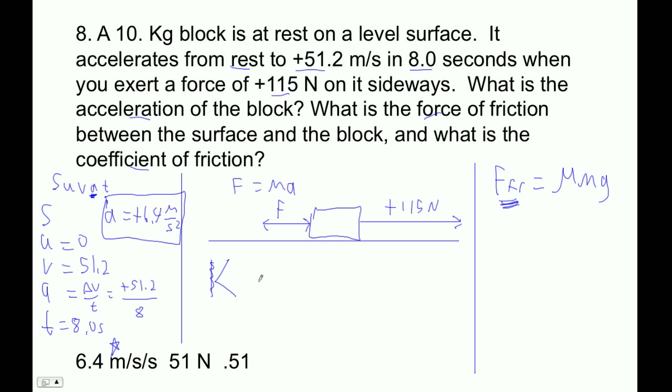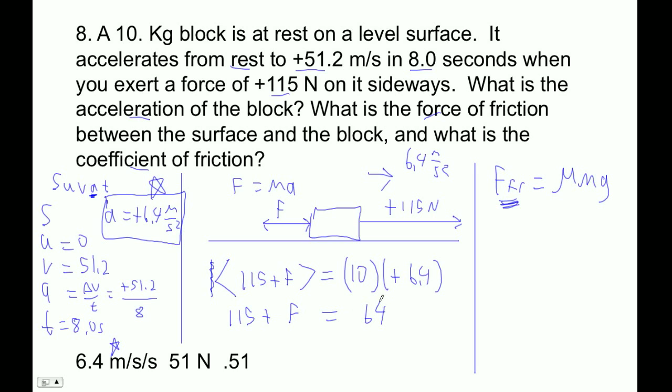I'm going to go 115 plus F, knowing darn well that that'll end up being a negative number, right? Is equal to 10 times positive 6.4, because we know it accelerates this way at 6.4 meters per second squared, because we got it right there. So this is easy, right? 115 plus F is equal to 64.